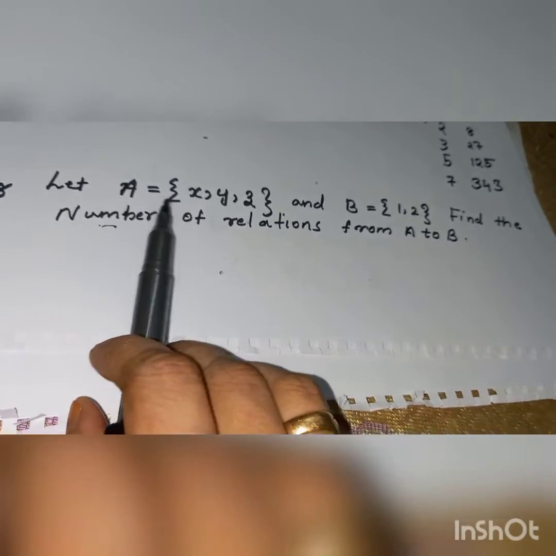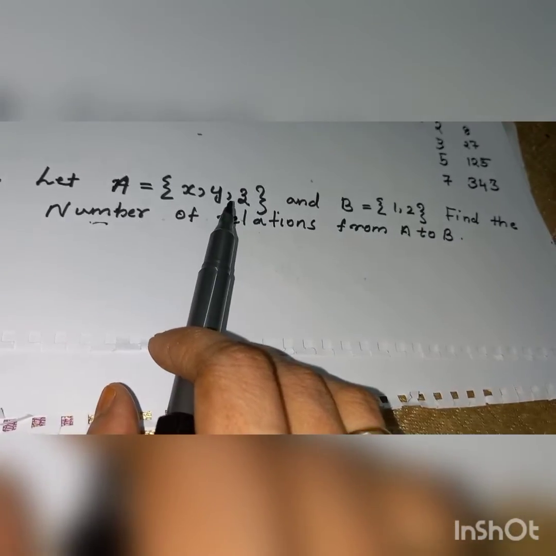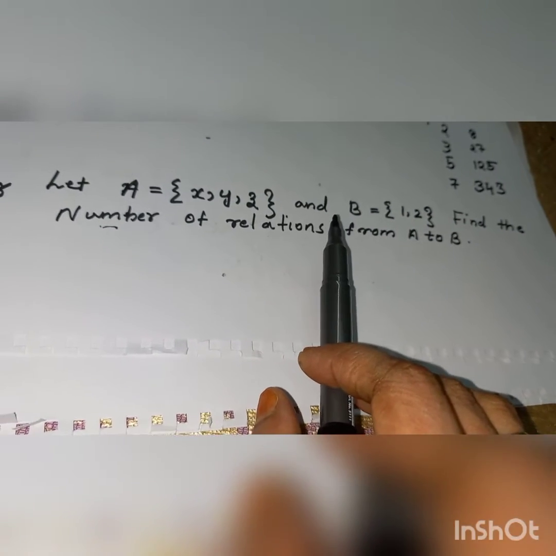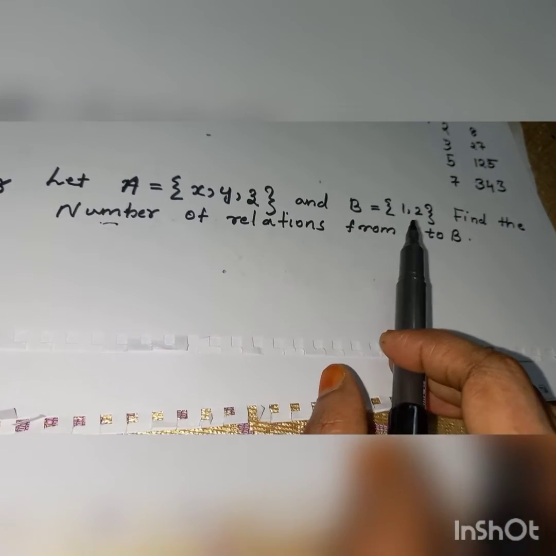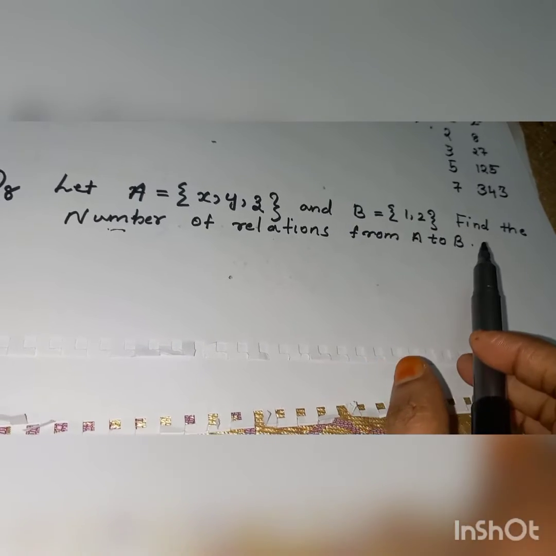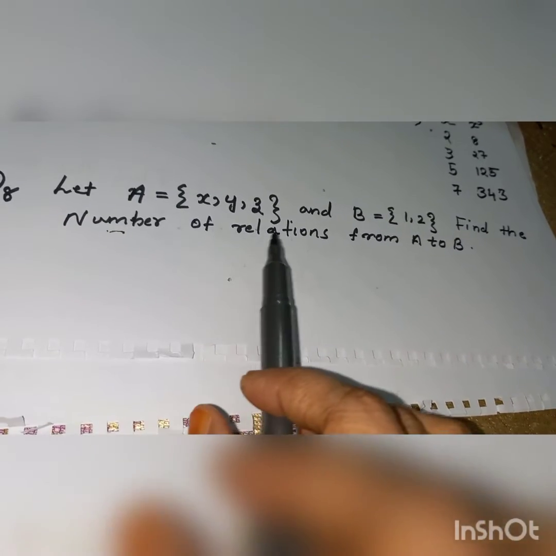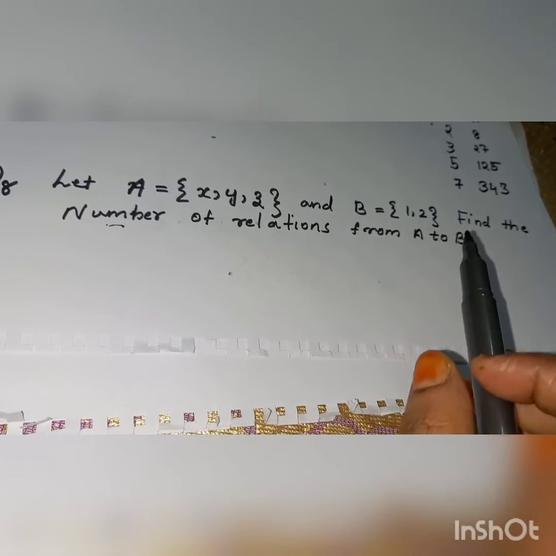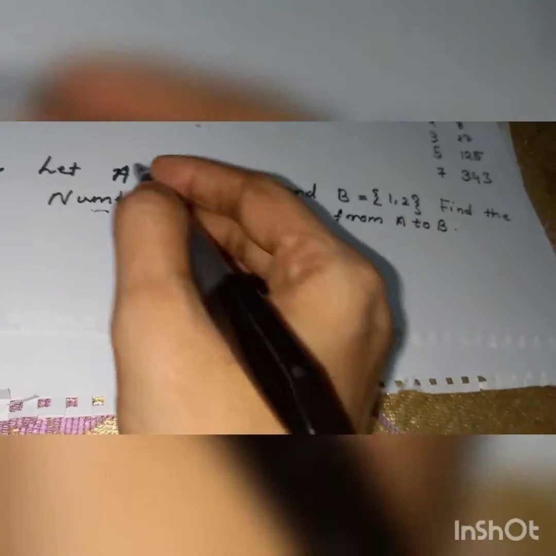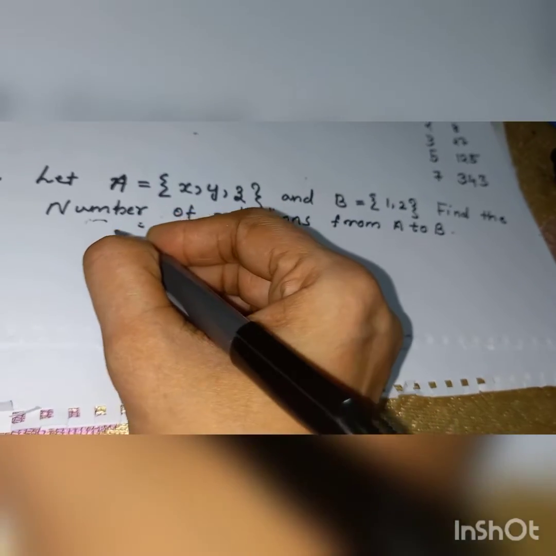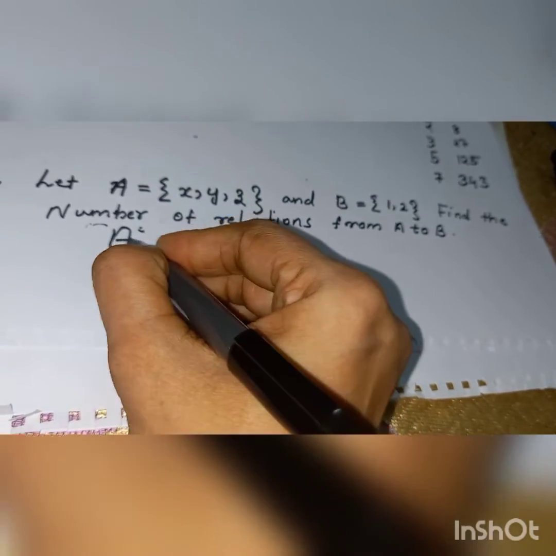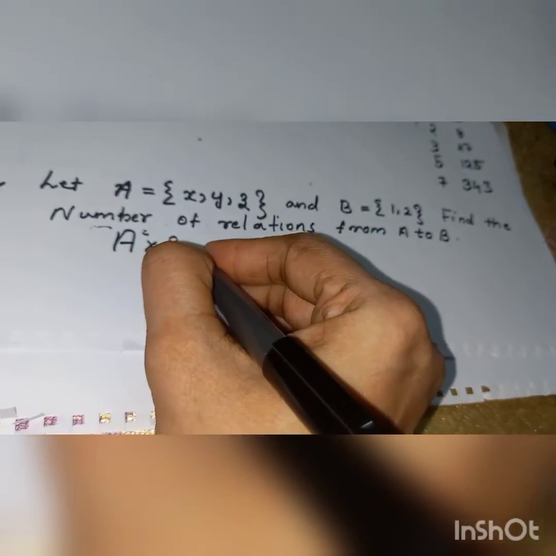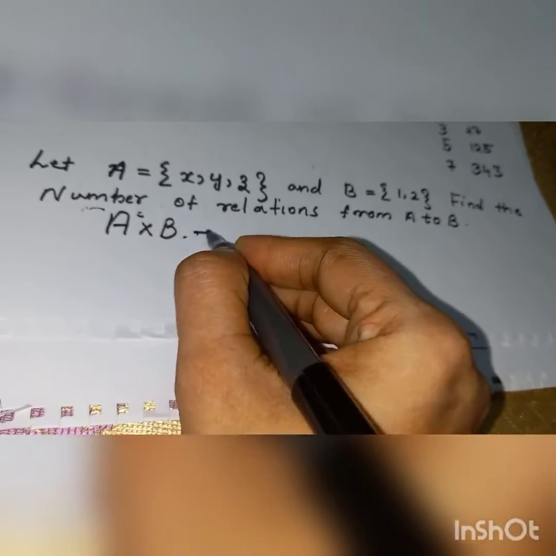Question number 8. Let A = {x, y, z} and B = {1, 2}. Find the number of relations from A to B. So how will you do this one? First we have to write A cross B. Then what is A cross B here?